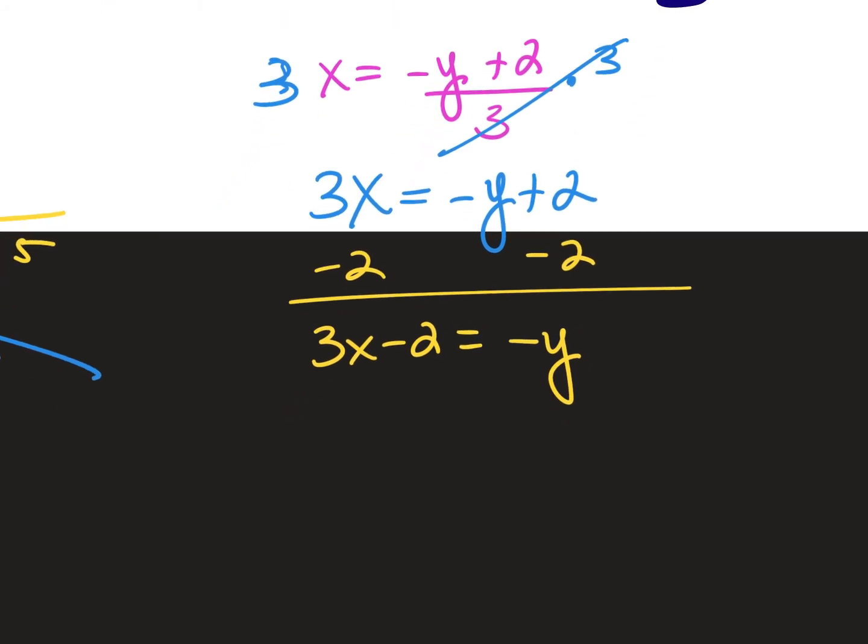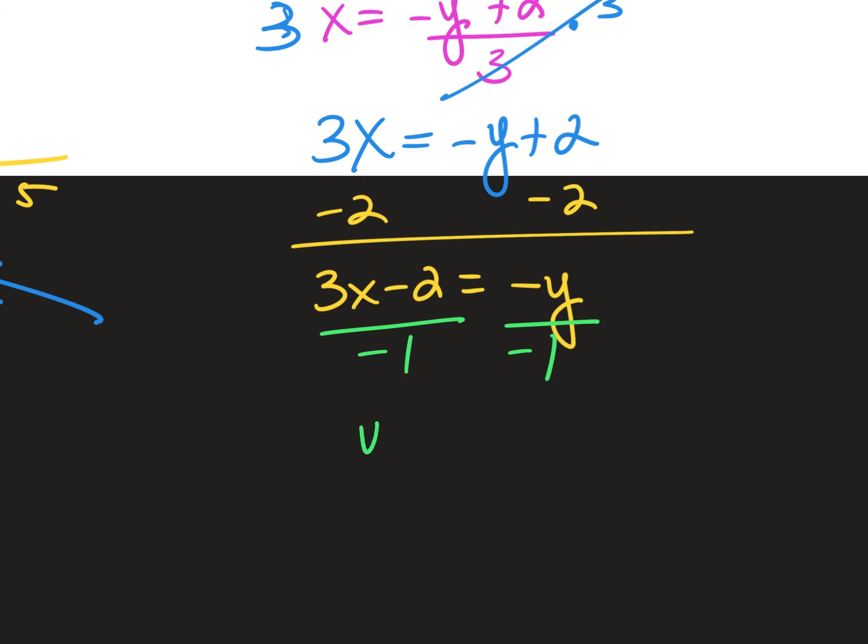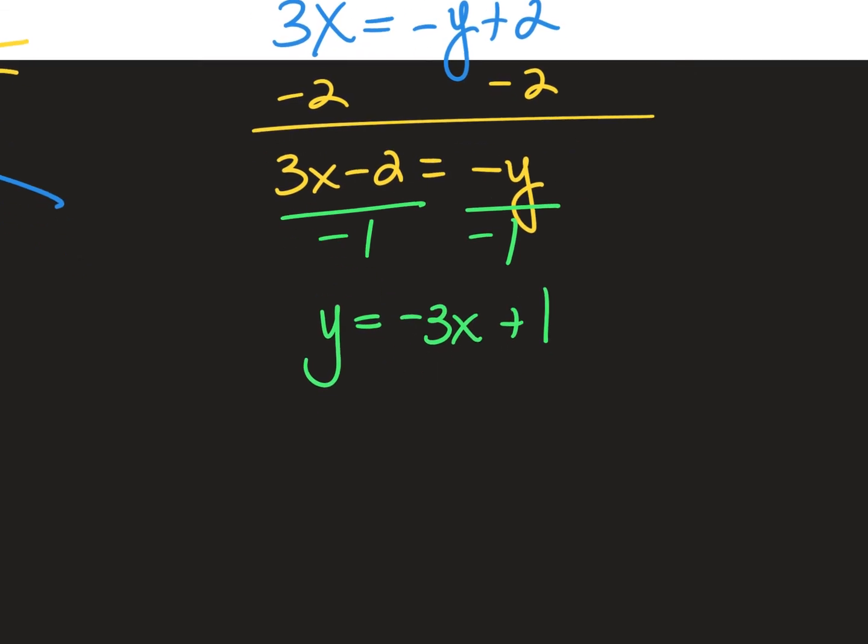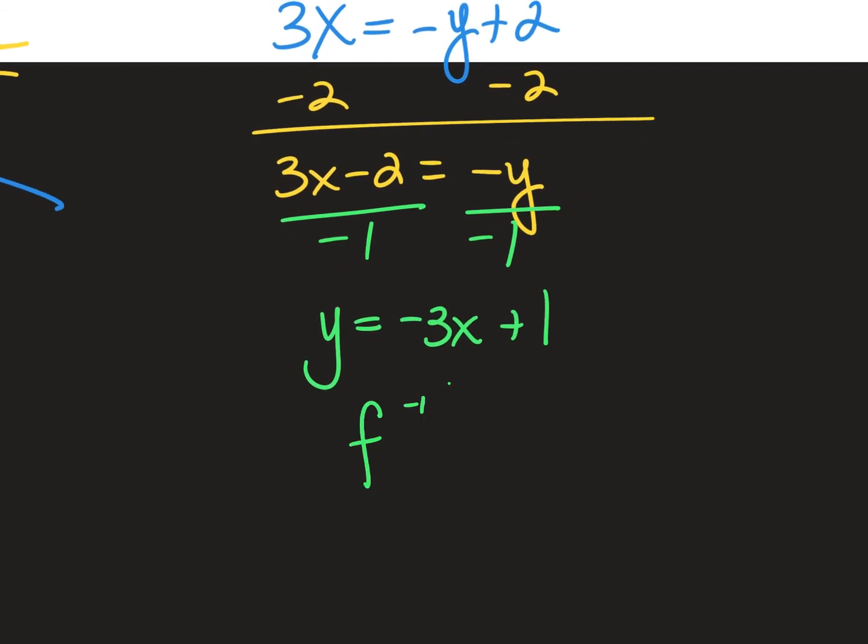Because there's a negative 1 in front of it. So what do I need to do? Divide, or multiply, you're right, by negative 1. So this becomes y equals 3x divided by negative 1 is negative 3x. Negative 2 divided by negative 1 is positive 1. And I rewrite that as f negative 1 of x equals negative 3x plus 1.